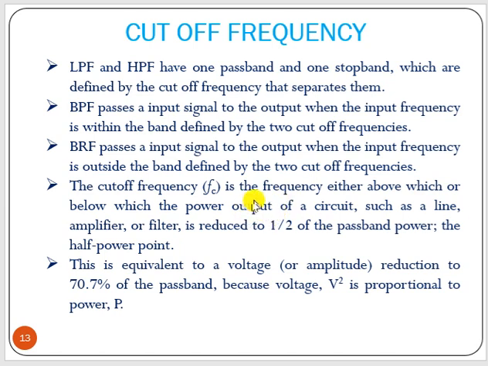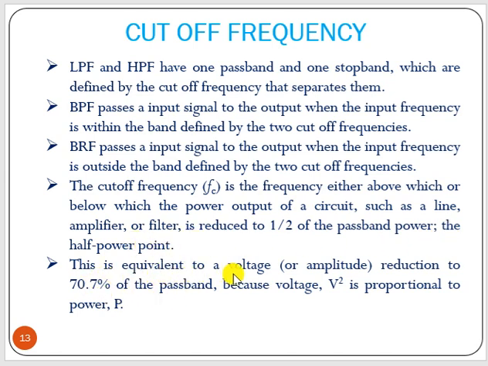So the cutoff frequency is the frequency either above which or below which the power output of a circuit, such as a line amplifier or filter, is reduced to half of the passband power. We have already seen this in the case of your resonance circuit, and that is called the half power point.